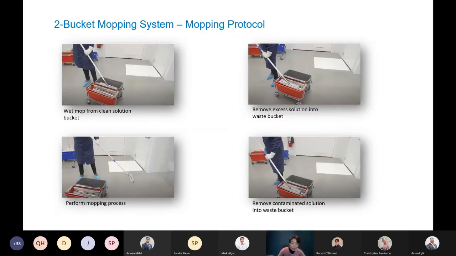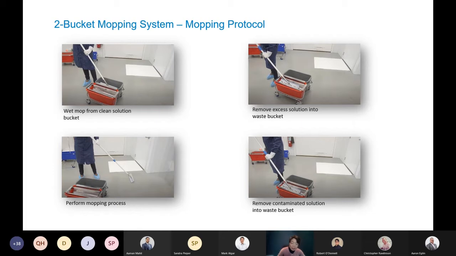From a process standpoint, the protocol dictates that first of all, you wet the mop in the clean solution, in the cleaning mop bucket. And then you remove the excess solution into the waste bucket through that sieve. Basically, you agitate the mop or press the mop against the sieve to remove the excess solution.